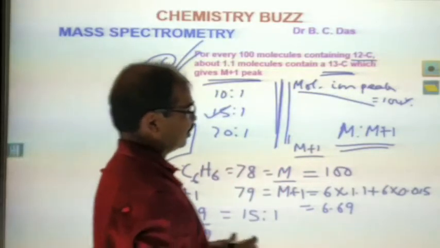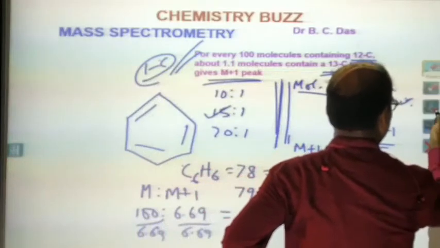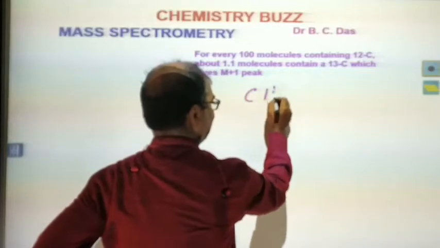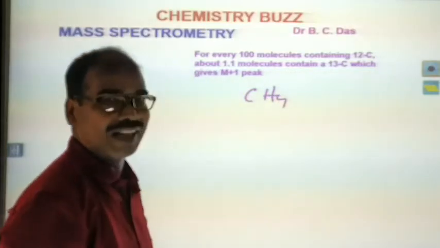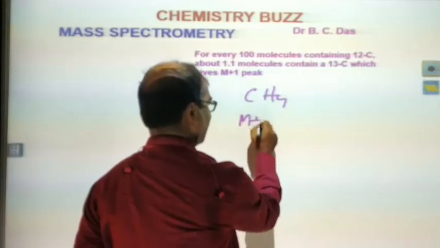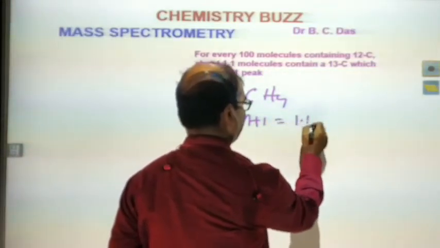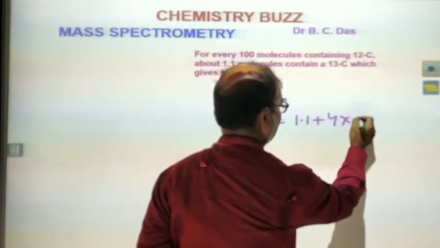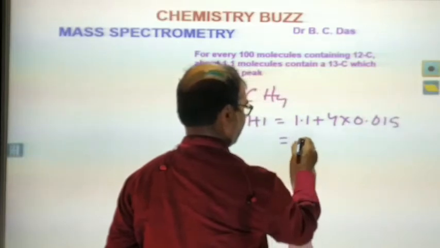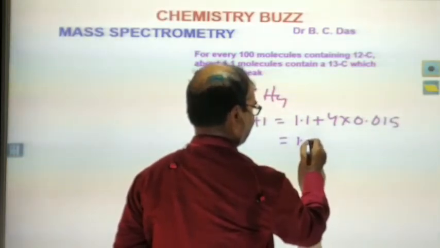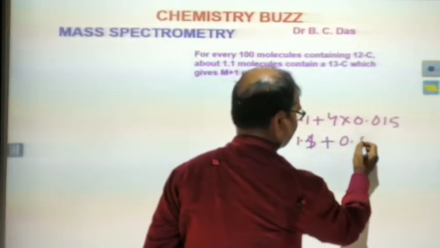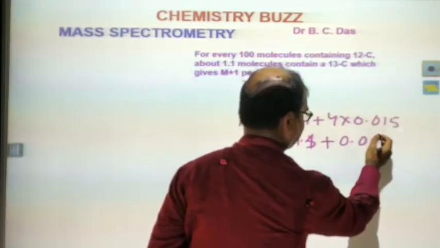Okay. So if you consider the methane molecule, there is one carbon atom. For one carbon atom, the M+1 peak will be 1.1 plus 4 into 0.015, which is 1.1 plus 0.06.